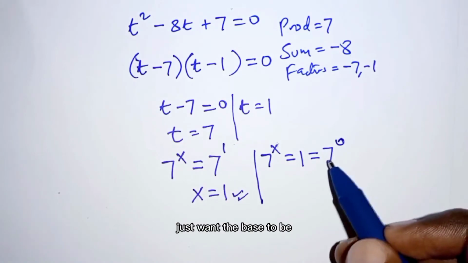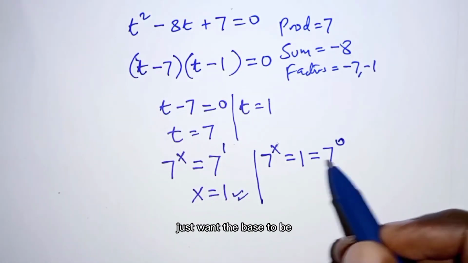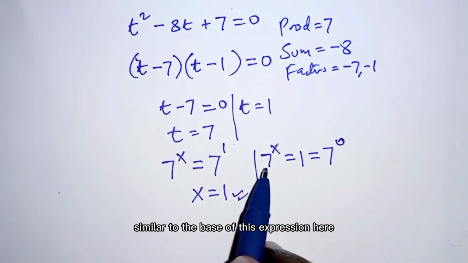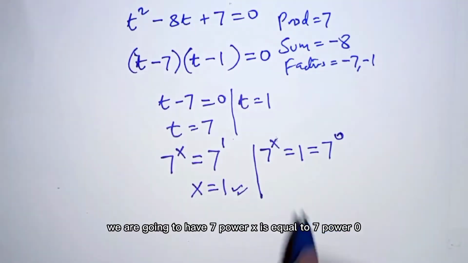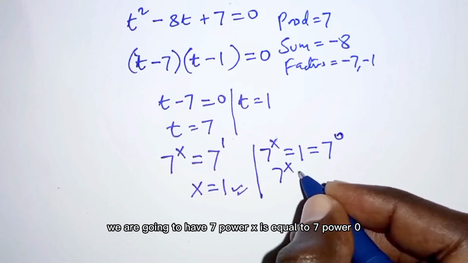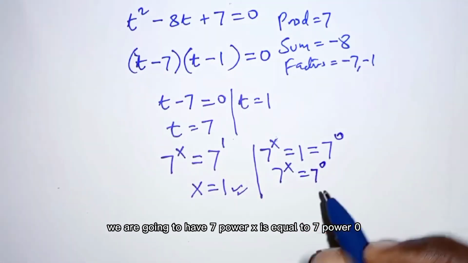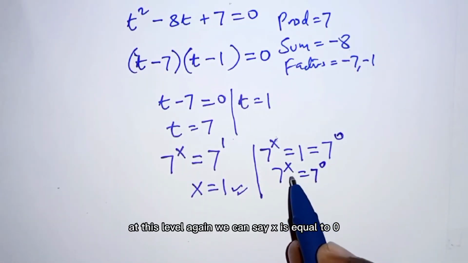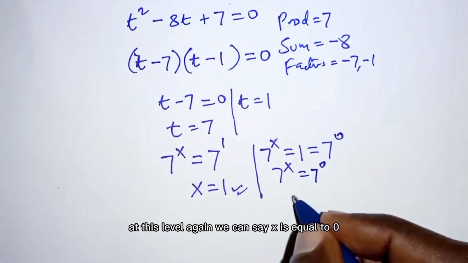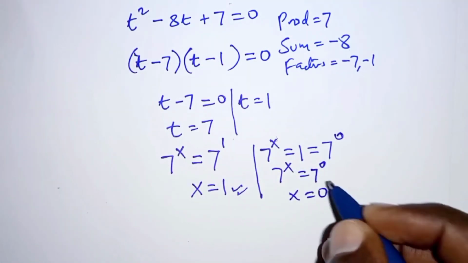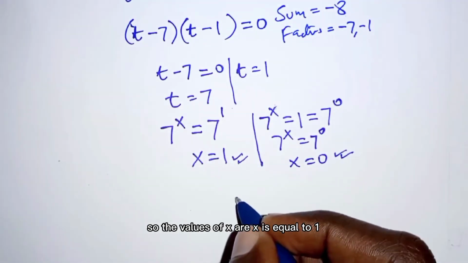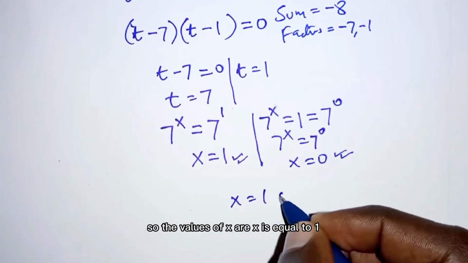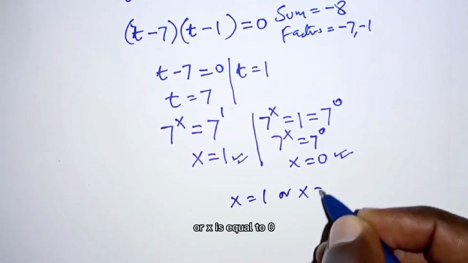We just want the base to be similar to the base of this expression here. So we have 7 power x is equal to 7 power 0, and at this level again, x is equal to 0. So the values of x are x equals 1 or x equals 0.